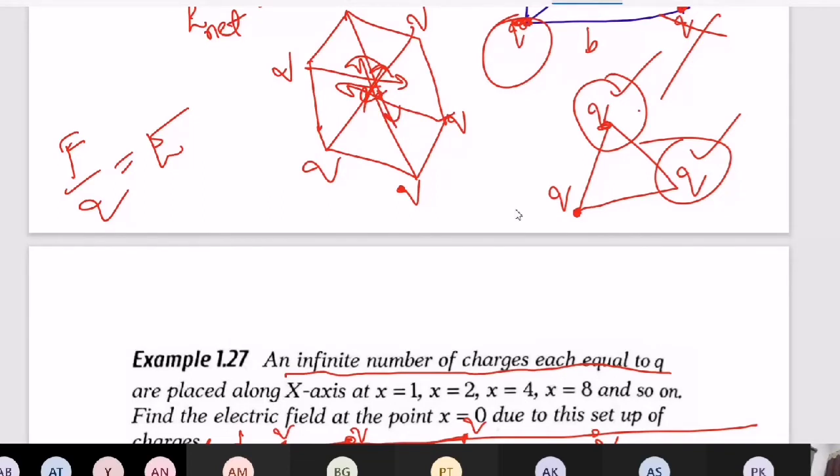That is the difference, so the direction changes. But the method to find the resultant field or force is the same, where you need to apply vector addition.